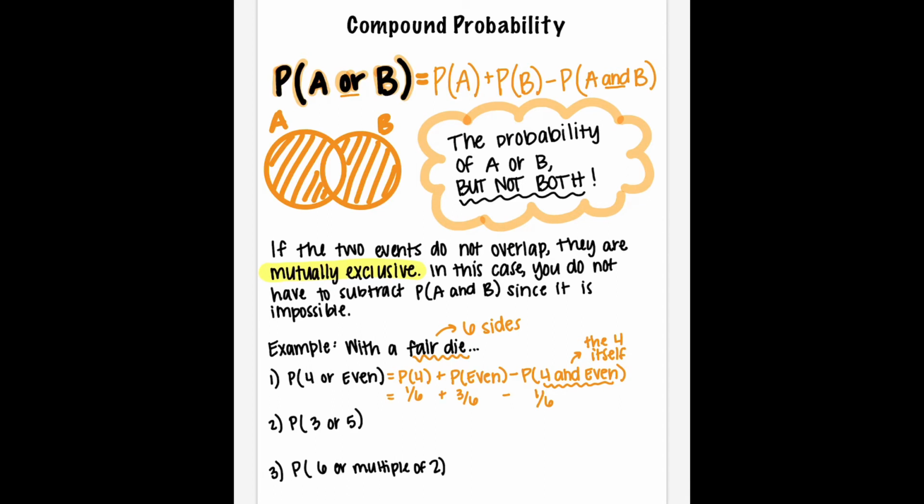So we would simplify this. So 1/6 minus 1/6, those are going to cancel, and we're left with just 3 out of 6, or 1/2. In other words, we could say that that's a 50% chance.